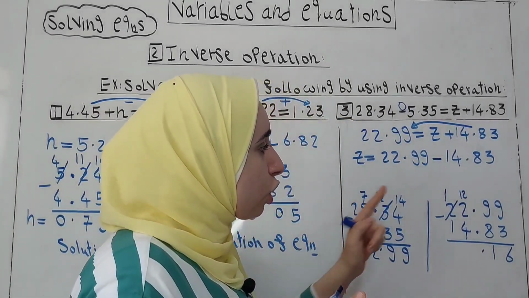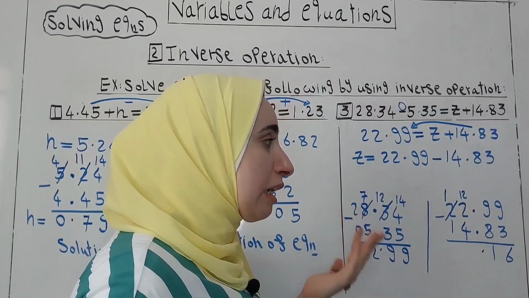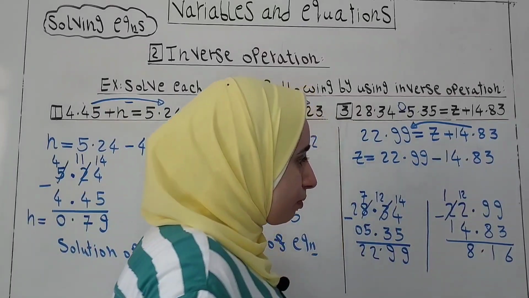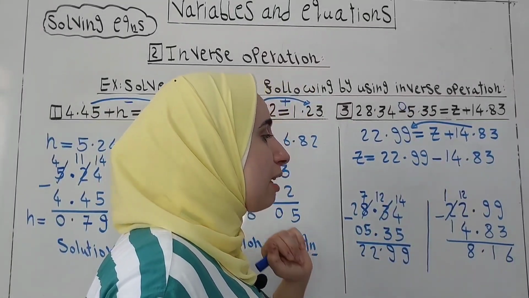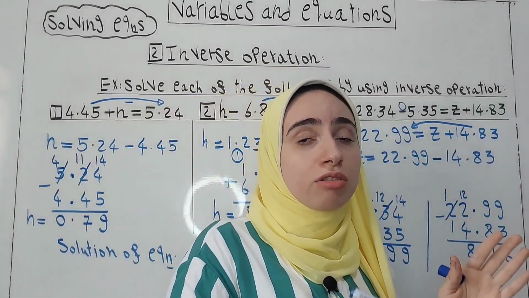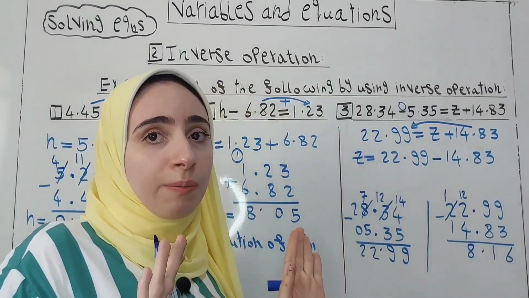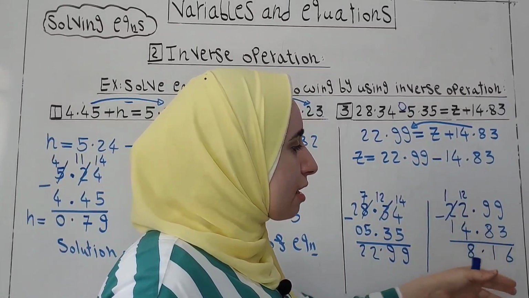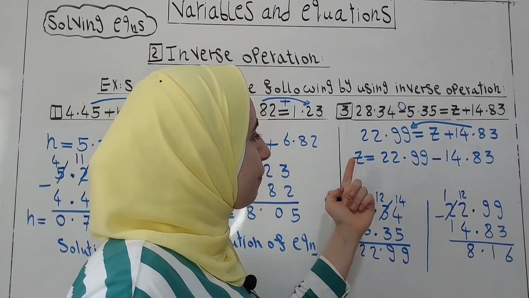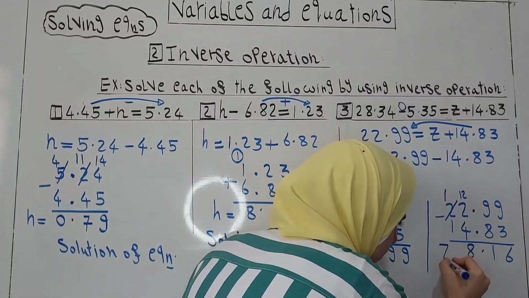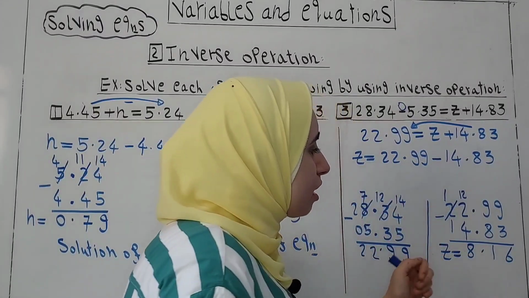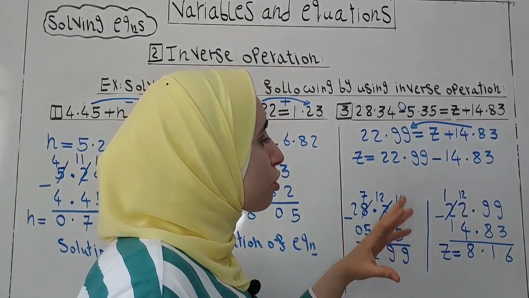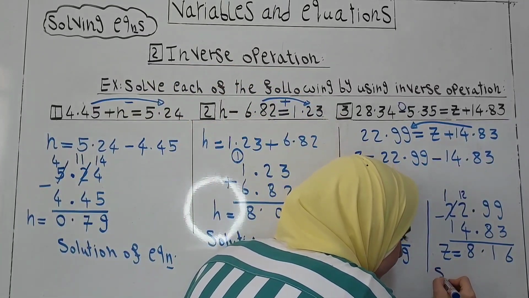Now we subtract 12 minus 4 equals 8. So we write 8. And 1 minus 1 equals 0. Can you write 0 at the left for the integral part? No, it has no value. So 8.16 is the value for the variable Z. And Z equals 8.16 is the solution for the equation.